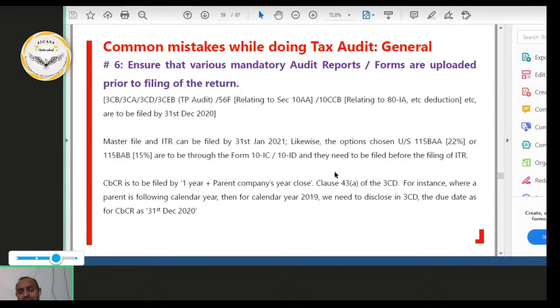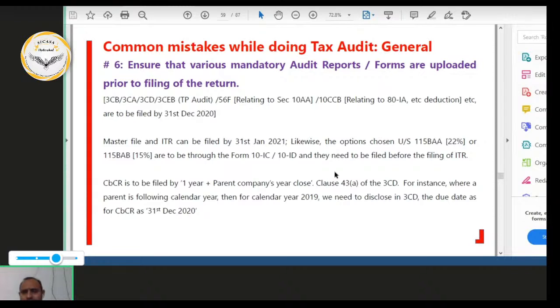I just told you some time back, for example, when you are uploading the 3CD or 3CB or whatever of your client who is availing 10AA SEZ benefit, then before filing their return, the client may file, but before filing their respective returns, ensure that the proper report, like 56F if it is SEZ benefit, 80IA, or 10CCD, is uploaded.